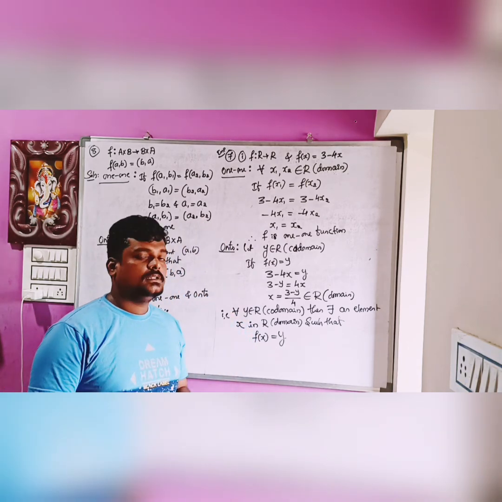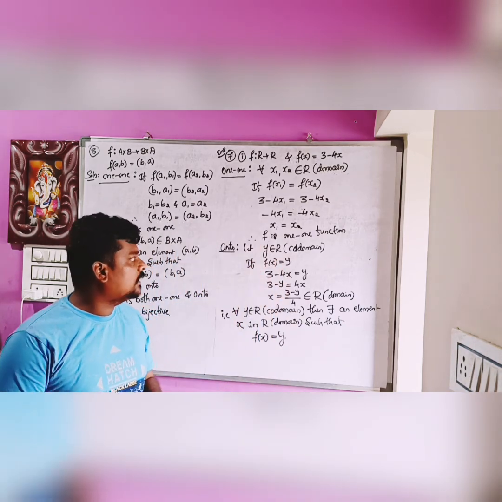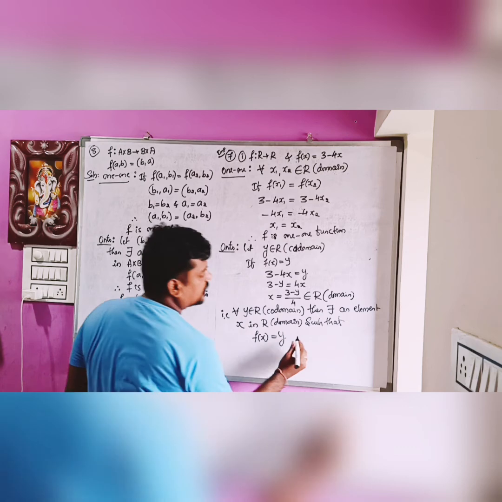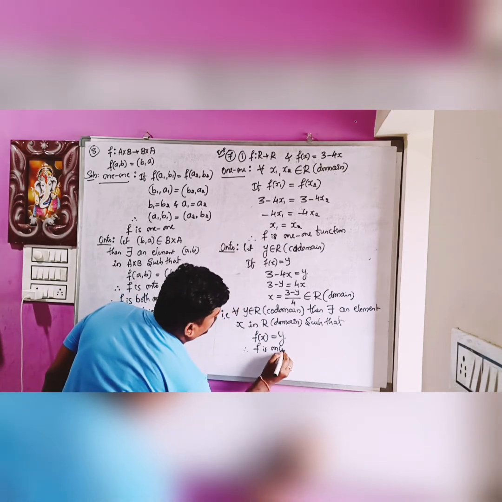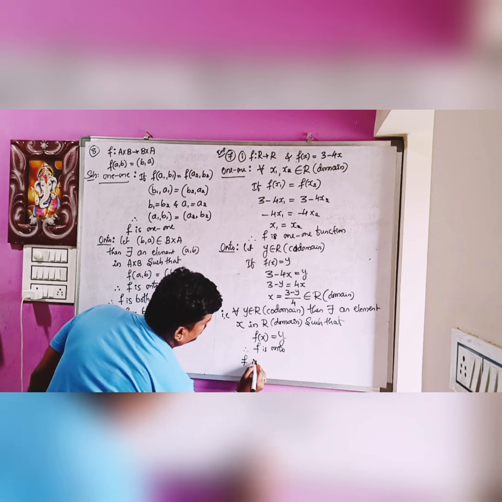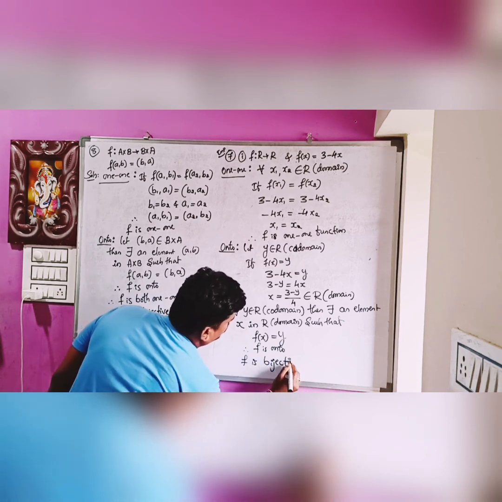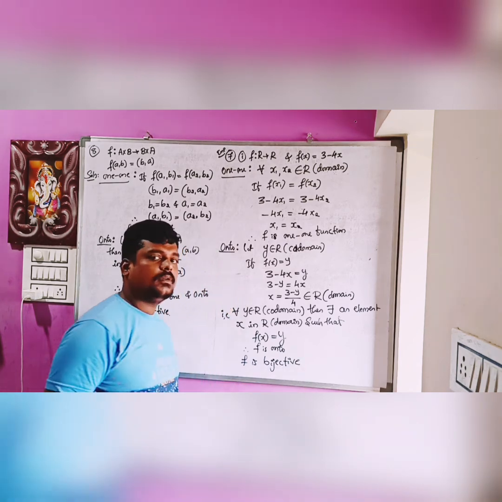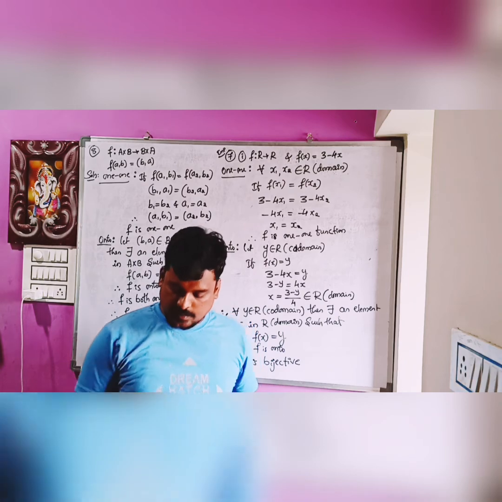This is question number 7 in the first bit. It is both one-one as well as onto function. Therefore f is onto. If it is both one-one and onto, we can say f is a bijective function. Next.